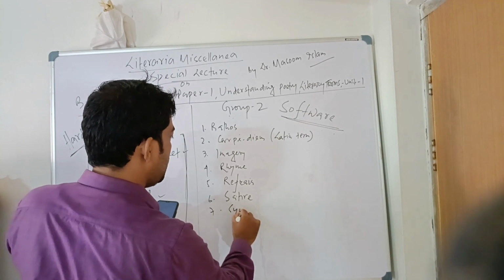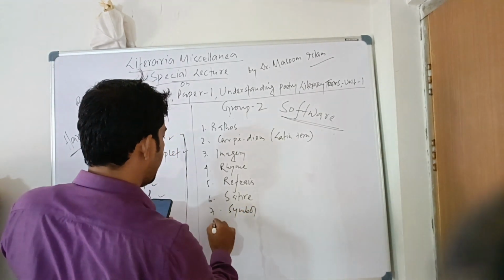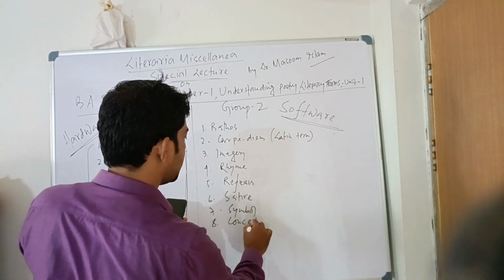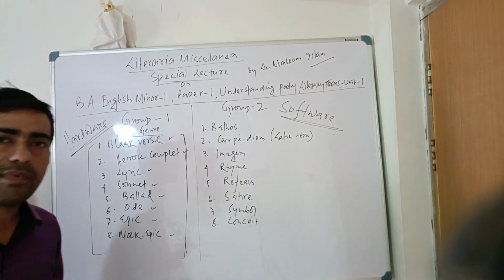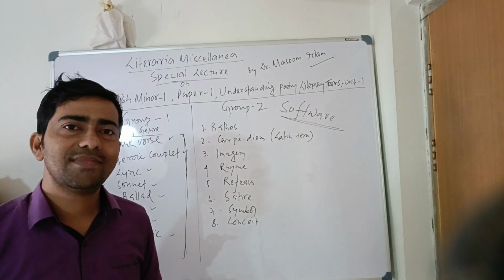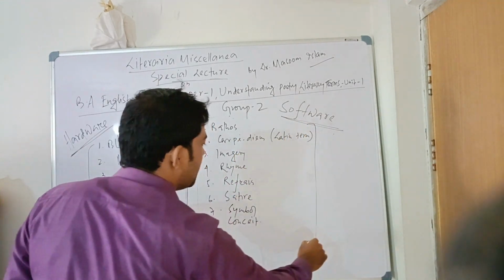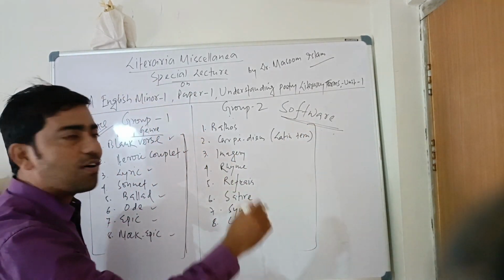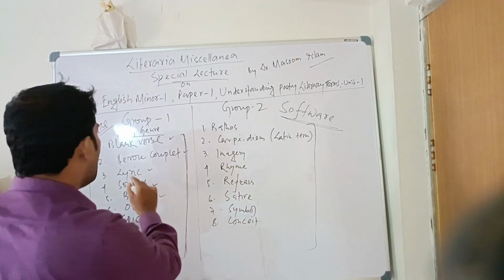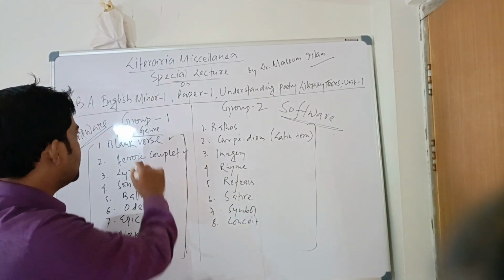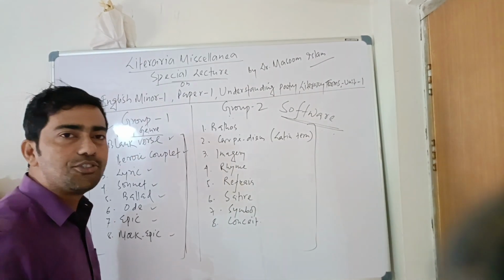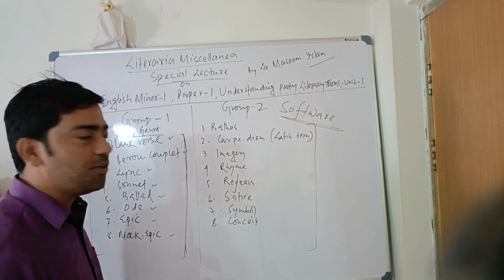Seventh is symbol. And eighth is, of course, conceit. Got it? So these 8 are the essential components of these poetic genres.